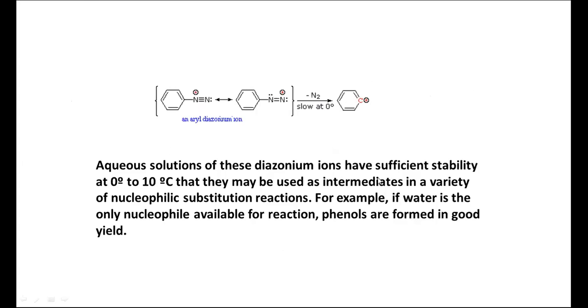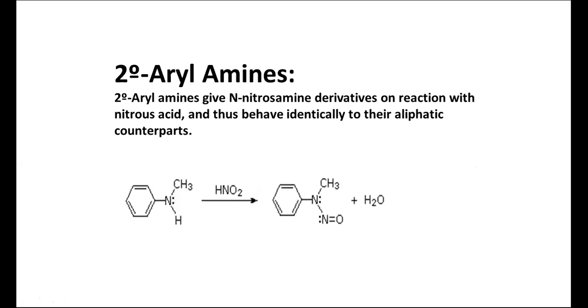Aqueous solutions of diazonium ions have sufficient stability at 0 to 10 degrees centigrade that they may be used as intermediates in a variety of nucleophilic substitution reactions. For example, if water is the only nucleophile available, phenols are formed in good yield.